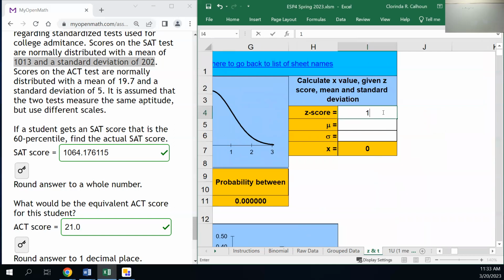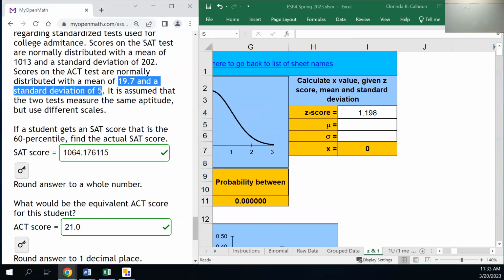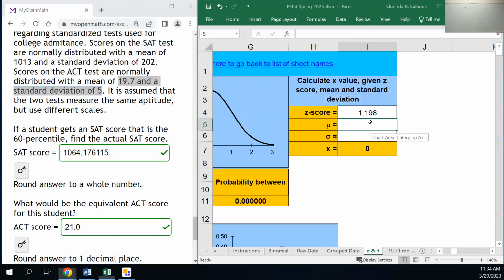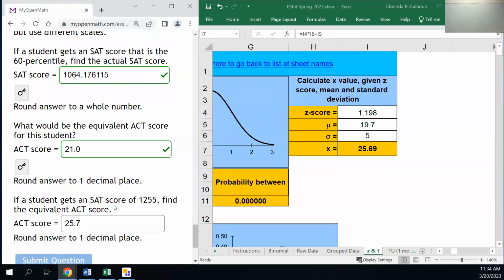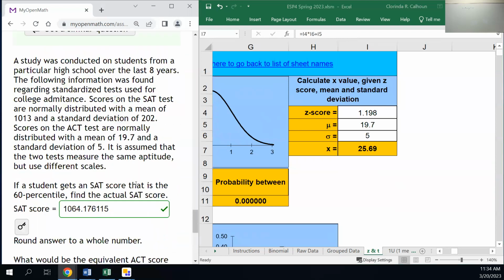Type in that Z-score. Then you need the ACT information. And then it's going to give you your ACT score. I'm going to go ahead and just round mine this time to 1 decimal place.